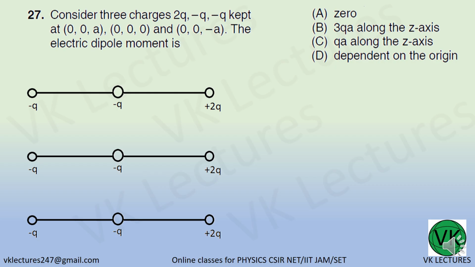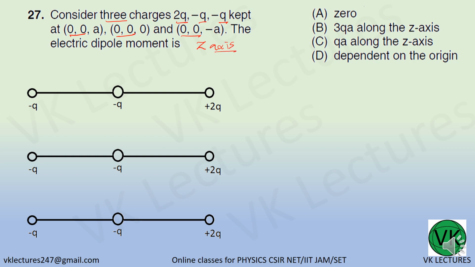Consider three charges 2q, minus q and minus q kept at 0, 0, 0, a, 0, 0 and 0, 0, minus a. Now since x and y coordinates are 0 in all the 3 points, we can consider the charges are kept on the z axis in one line.